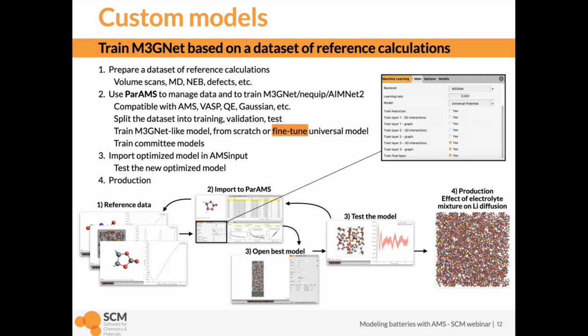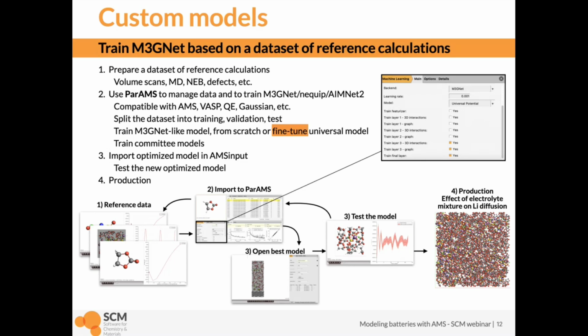Fine-tuning means that you're going to keep most of the first layers. You won't change those weights and biases, and you're only going to change the last layer. In that way, the model keeps the knowledge of the chemistry that's been learned over the entire Materials Project database. So it's really the recommended approach.